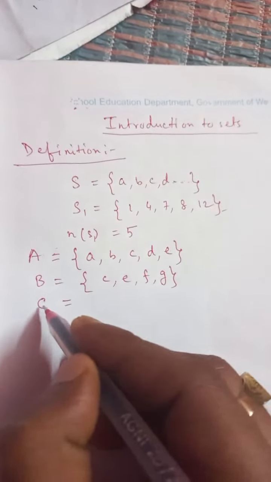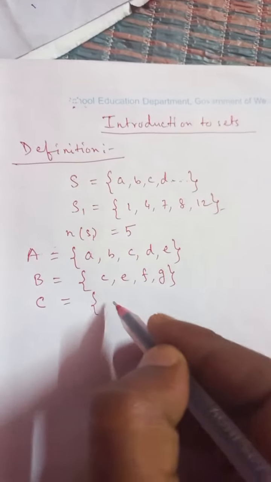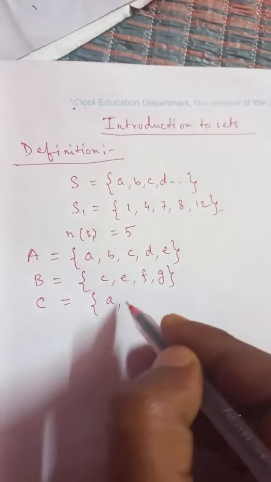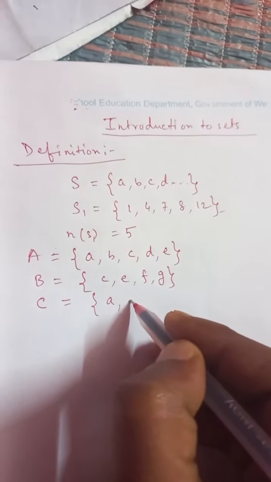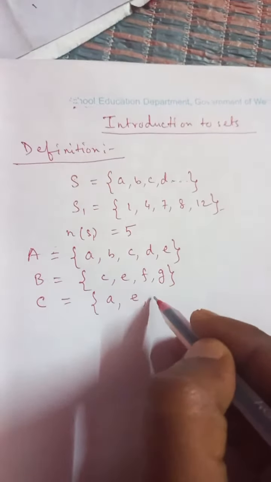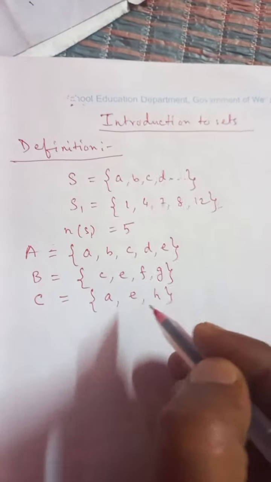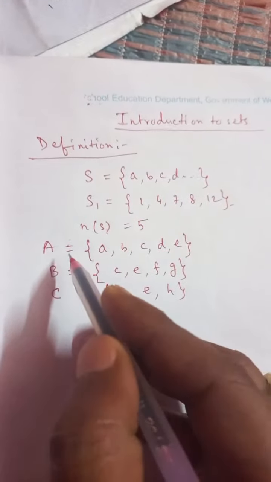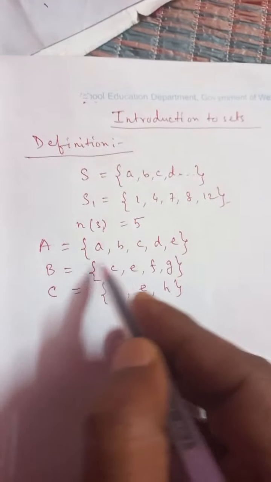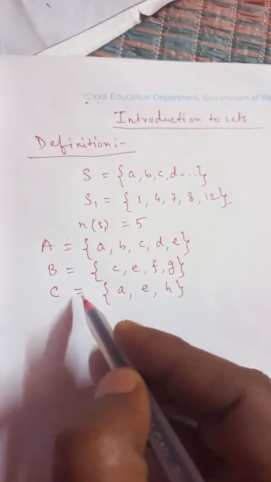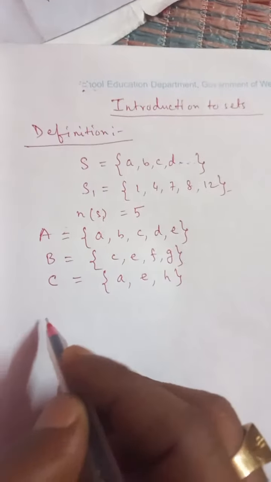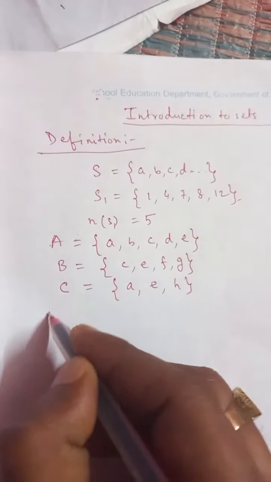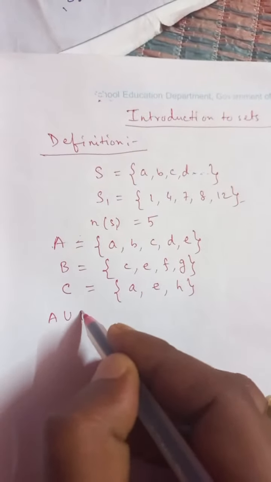I am taking another set C, and in this set I am taking 3 elements A, E and H. So I am taking the union of these 3 sets. First I am taking the union of 2 sets. So how can we add up 2 sets?